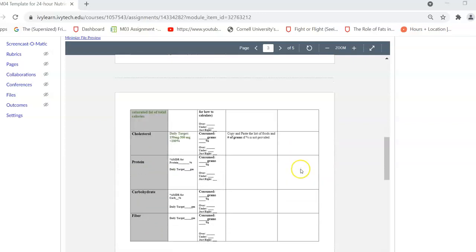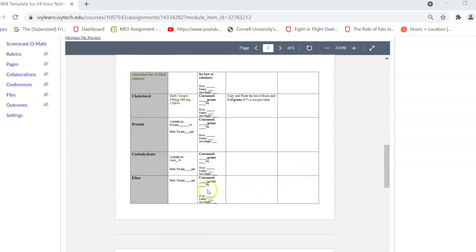For example, if you were under in fiber, we're trying to get to the 100%, you were under, so you want to add fresh fruit to your breakfast. Choose a whole grain bread instead of white bread. Number 3, instead of white rice, choose brown rice. So 3 examples of specific foods are needed in column 4.